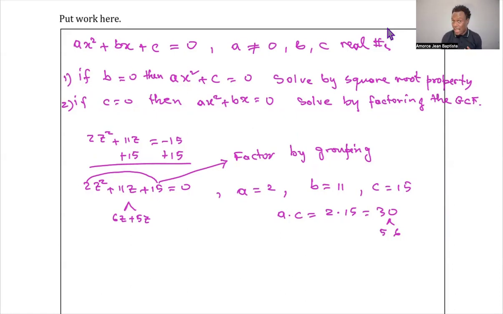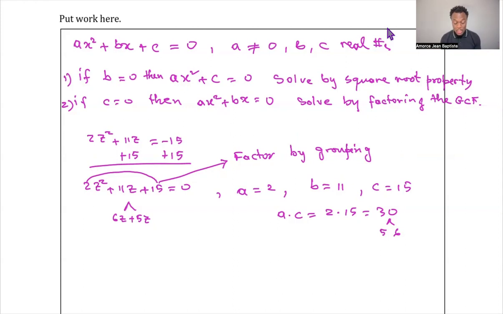First, you multiply a and c, the coefficient of the z squared and the constant, to get a number. You can factor by grouping only if you can break that number into 2 numbers that, when you add them, give the coefficient of the linear term.